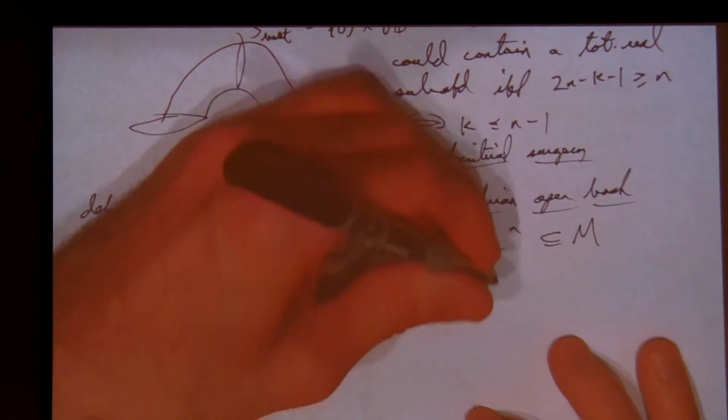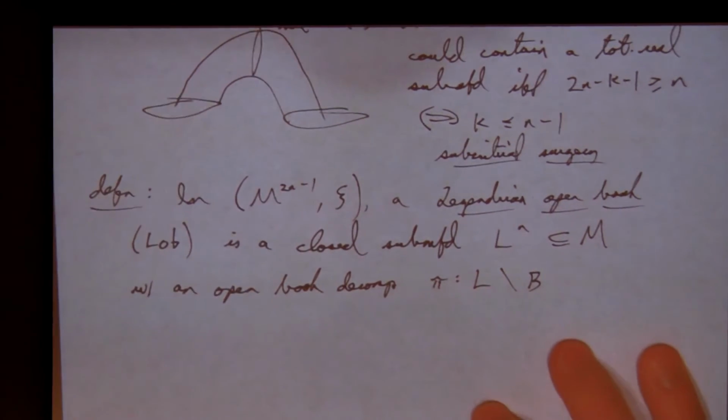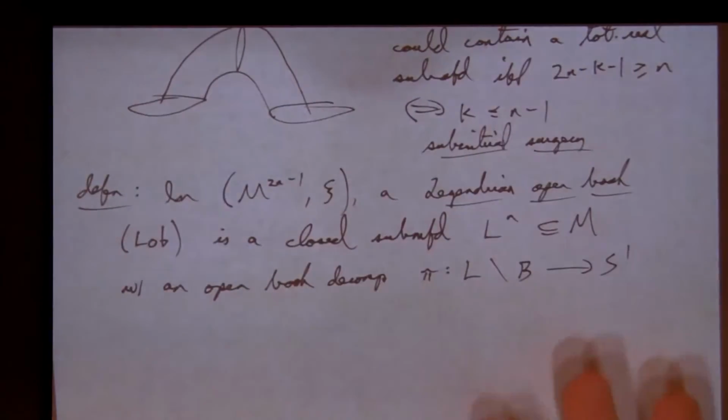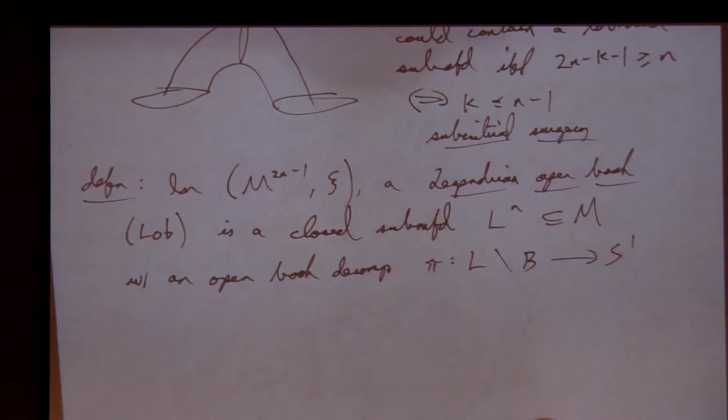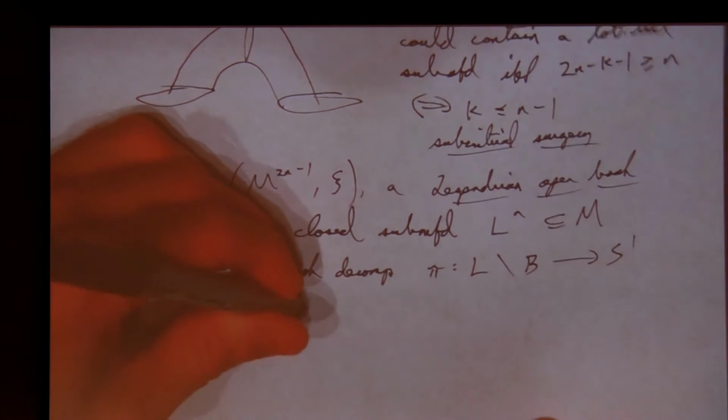So that's a fibration of L in the complement of some submanifold of codimension 2, the binding called B, fibering over S1, with the fundamental property that all pages are Legendrian submanifolds.